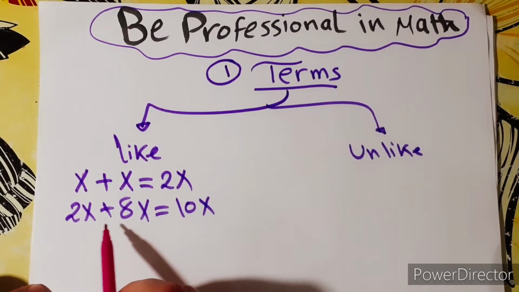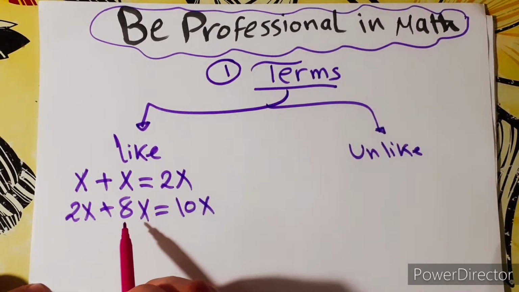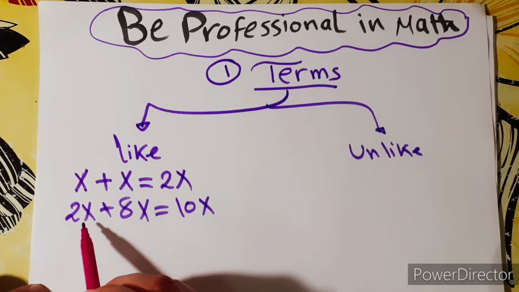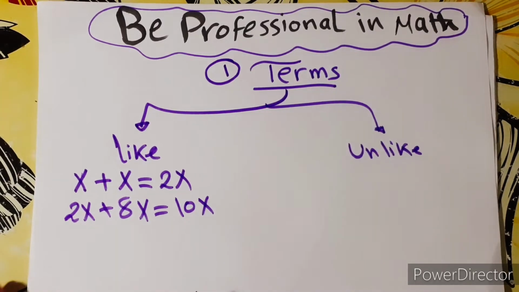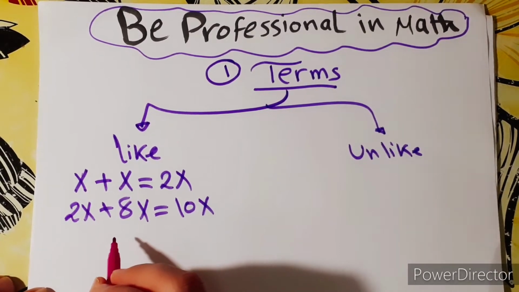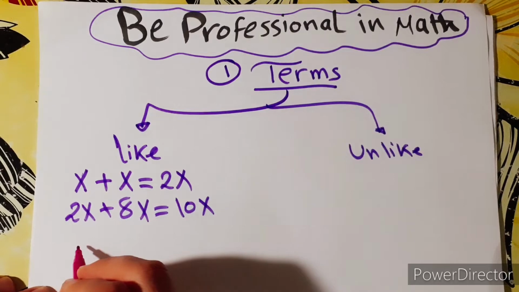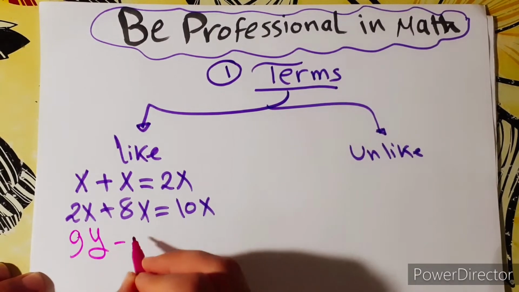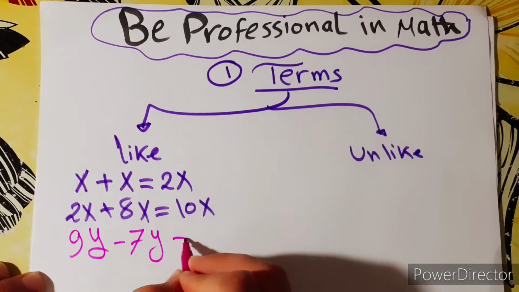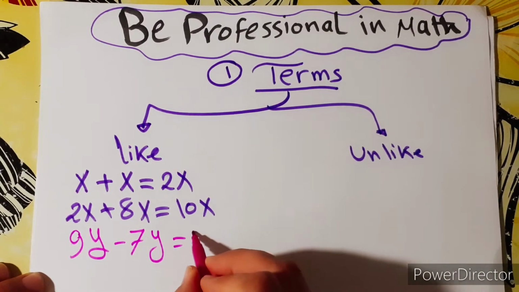So, when we add like terms, we add the coefficients of these terms. 2 plus 8 equals 10. And also we can subtract by the same method, such that 9y minus 7y equals 2y.